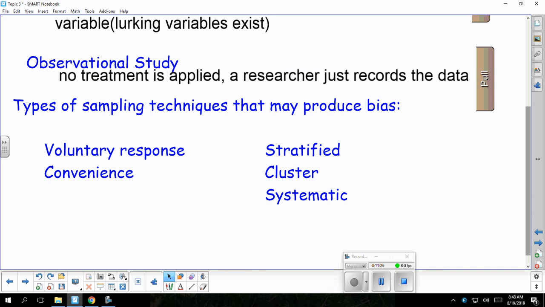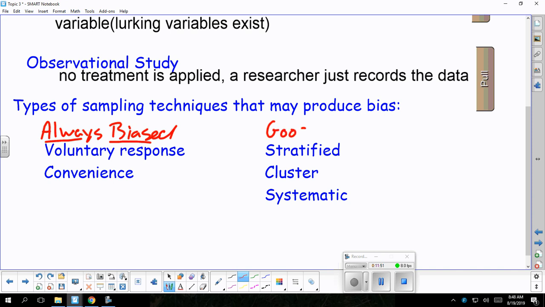Once you jot these down, I'll give you a short description and example for each of these. And then these can be good sampling techniques if done properly, but there's still a chance for bias in here.